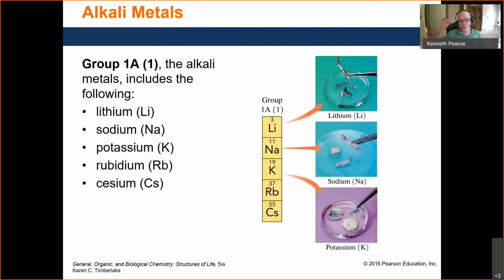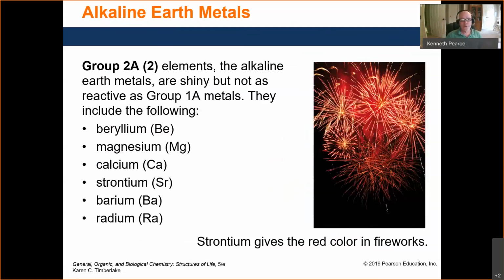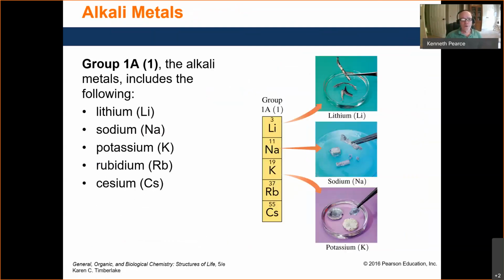Okay, so group 1A has these elements in it. Group 2A has those elements. And group 1A, which is the alkali metals, are very, very reactive, which means that particularly with water, if you drop them in water, they'll actually explode when they hit water.